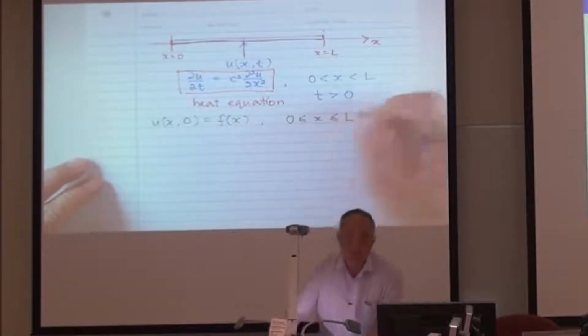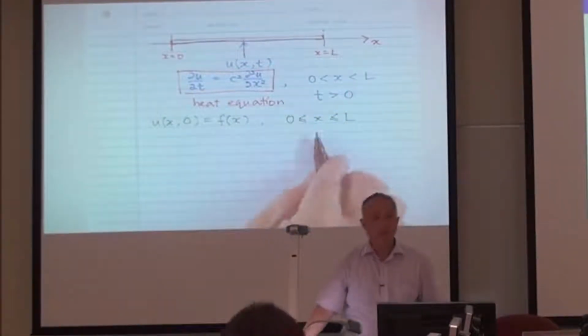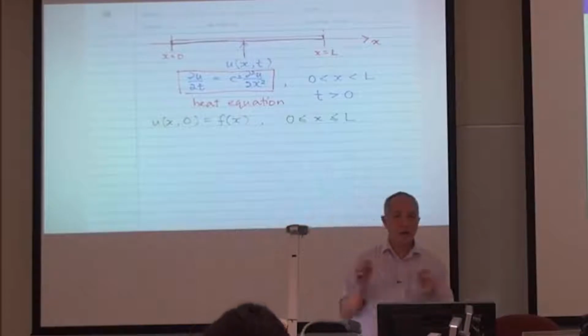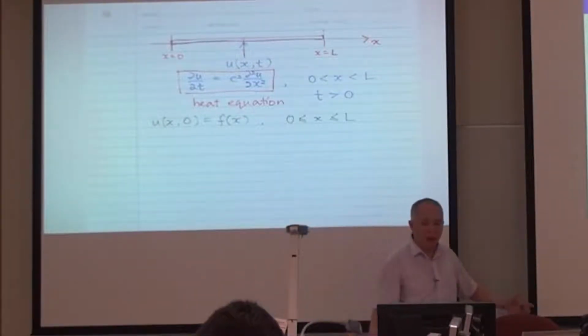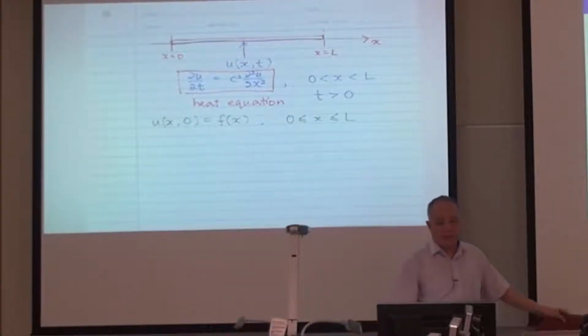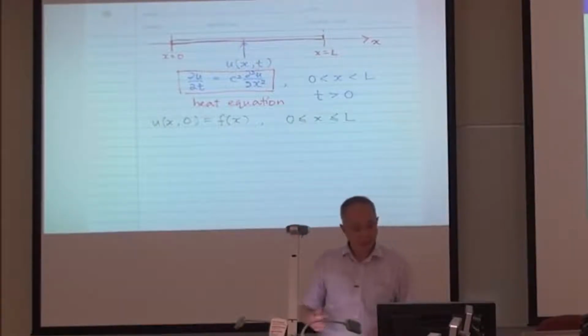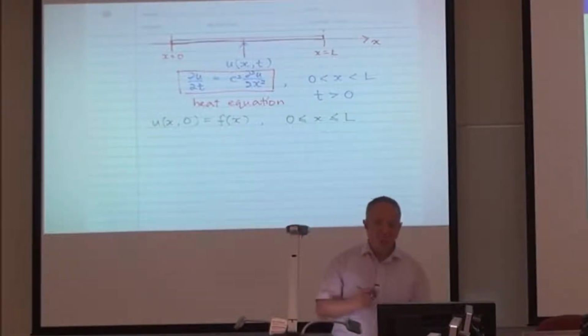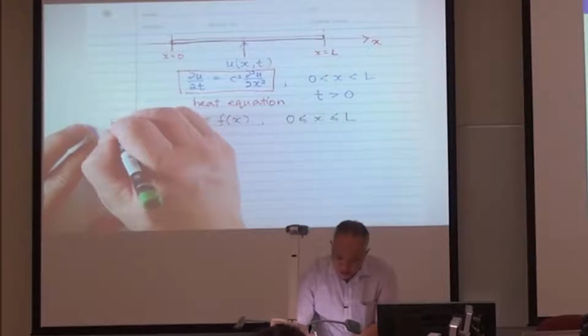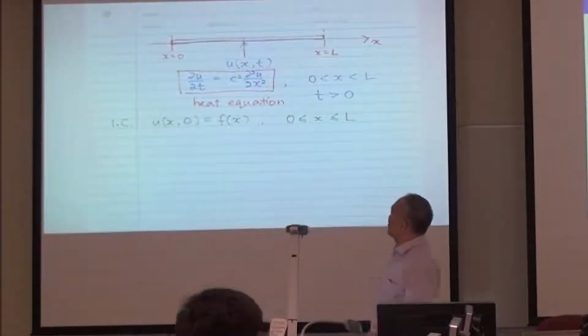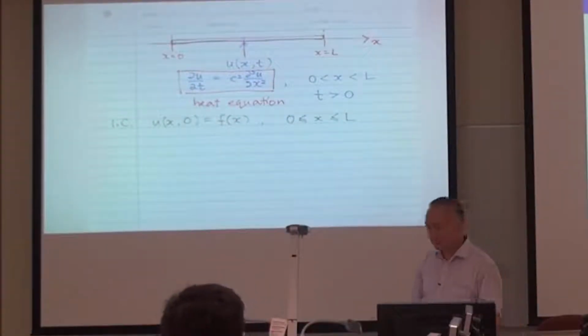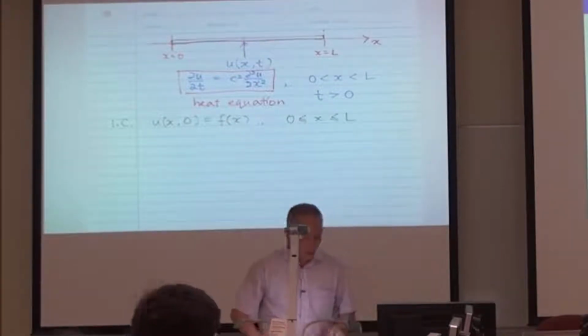So now you see the equal sign there, x between 0 and L, including the two boundary points. Now this is the initial condition. This is what we call the IC, because that is at time t equals 0. So initially what happens, right?